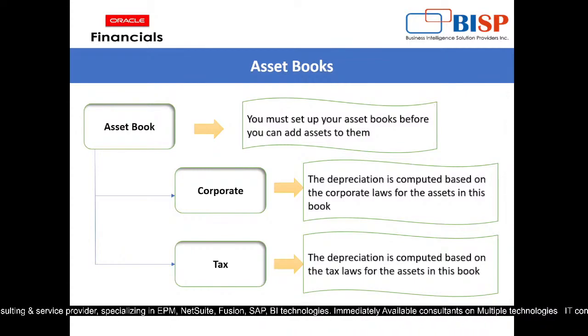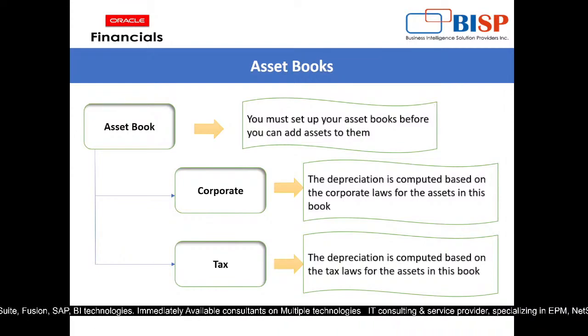So this is the basic intro, and now if we talk more about the corporate book, an asset can belong to any number of tax books, but it must belong to only one corporate book. New or existing assets must first be added to your corporate book, and then they can be easily copied to all its associated tax books.